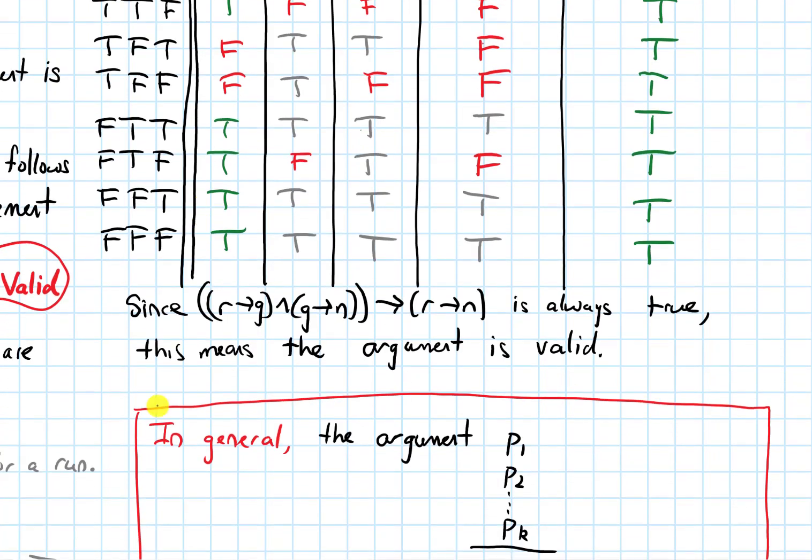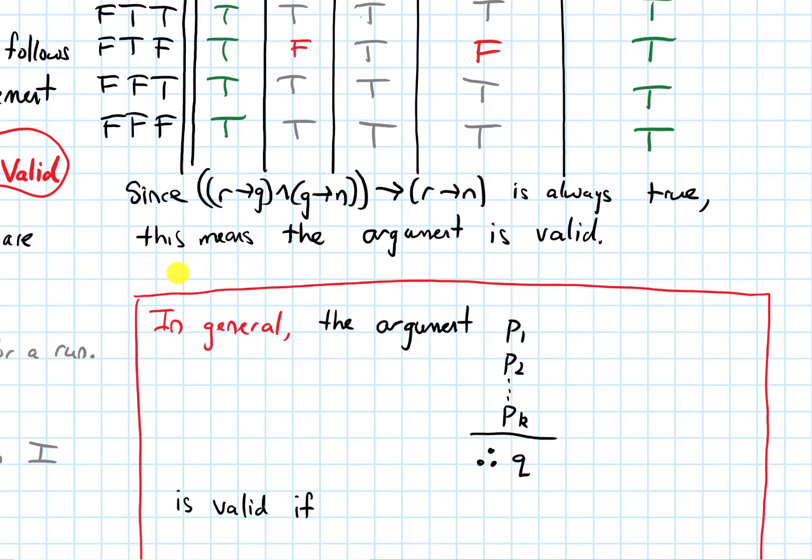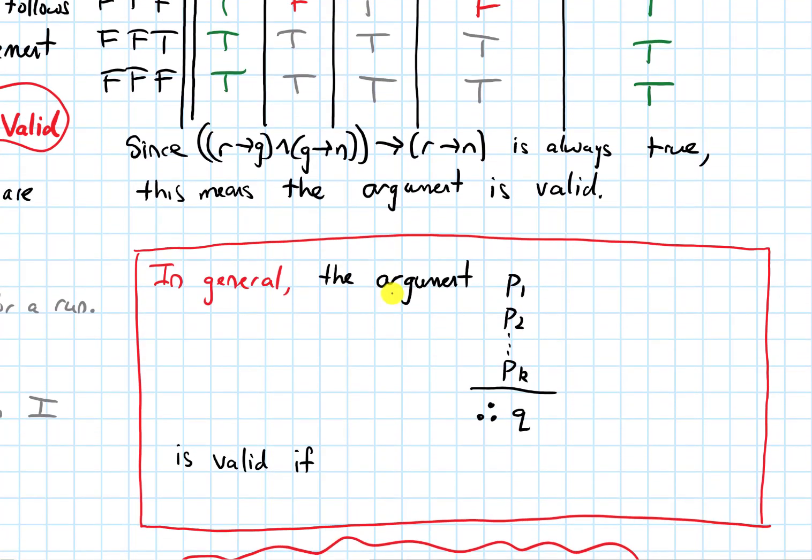So next I want to state this method in general for checking whether an argument is valid. In general, if I am given propositions P1, P2 up until Pk, these are all of the given propositions. In the example we just did there were 2 given propositions, but sometimes there might be more.